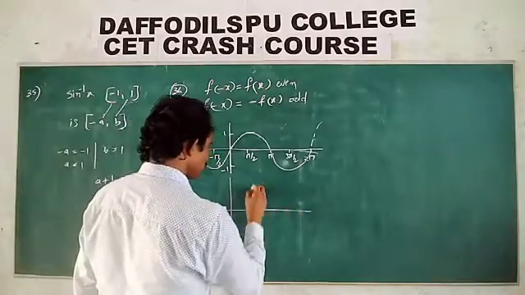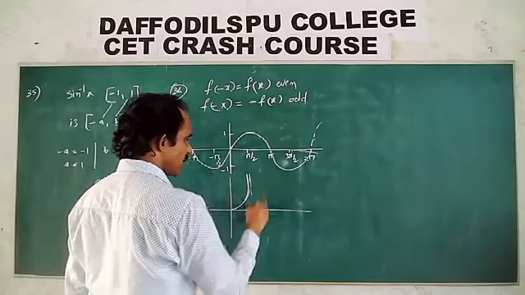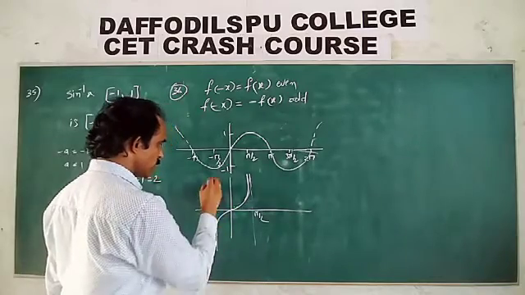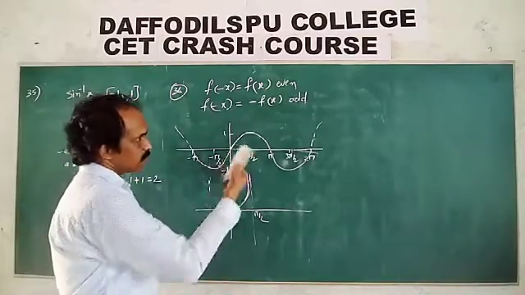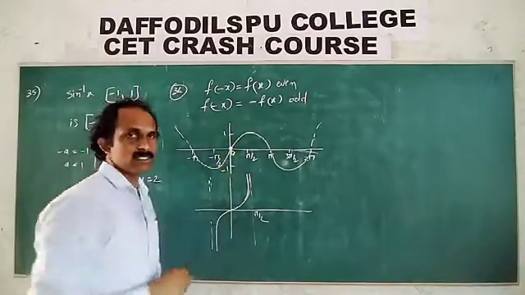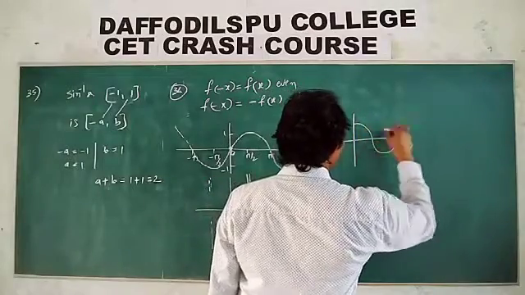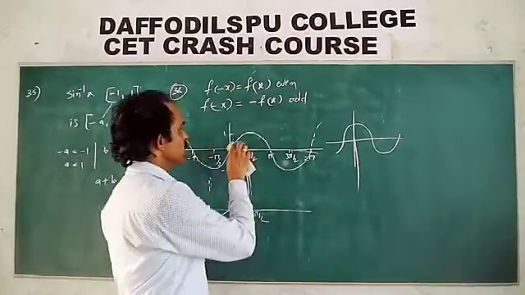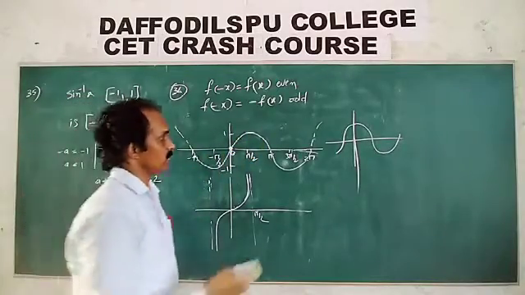The tan graph is infinite at pi by 2 and at minus pi by 2, like this one. This is the tan graph. The sine graph has symmetry about the origin. Suppose the cos graph is like this one; it is symmetric about the y-axis. Symmetry about the y-axis is an even function. This is an odd function, symmetric about the origin.